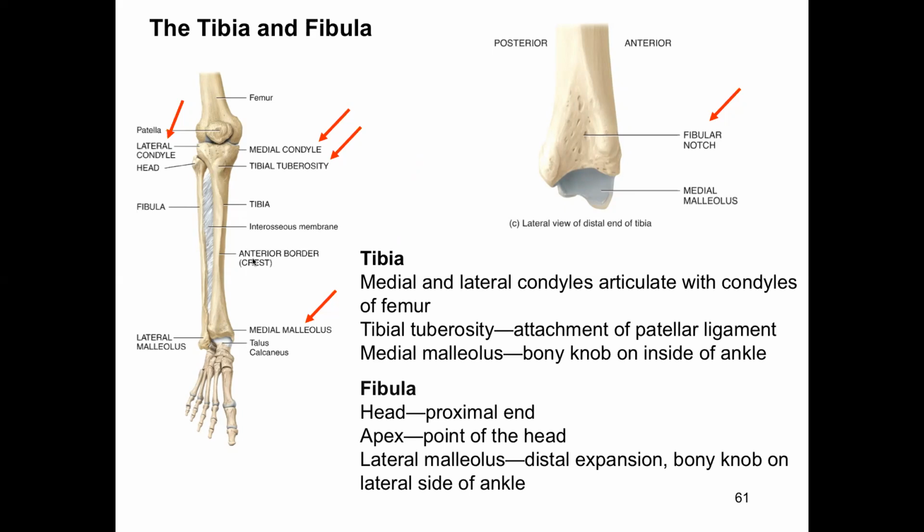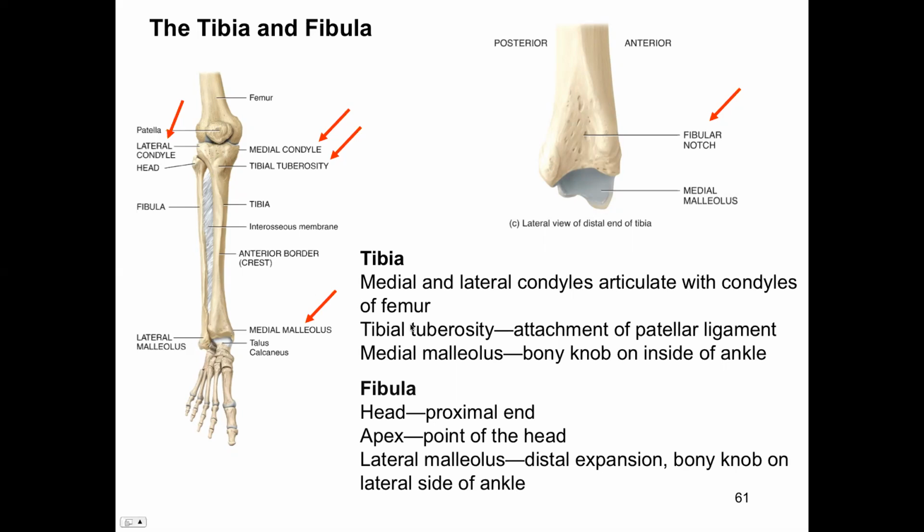Now, your medial malleolus would be a structure to know on the tibia. That's the inner bump on your ankle. On the fibula, the head of the fibula is up here articulating with the tibia. And then down here, the lateral malleolus is the lump on the outside of your ankle that you feel.